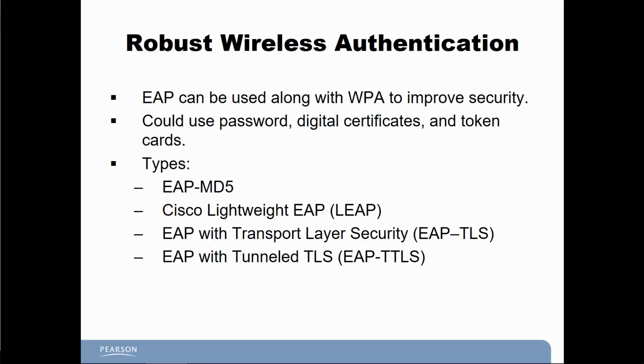For our wireless authentication, if we're using just WPA, WPA2, maybe look at higher level passwords, maybe even digital certificates, maybe even look at authentication through RADIUS. We could also do things like EAP with Transport Layer Security or Tunneled Transport Layer Security, all depending on what type of protection you're going to need.